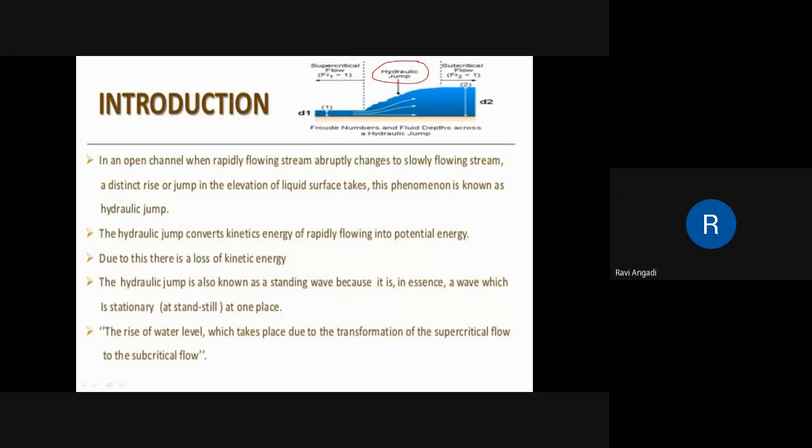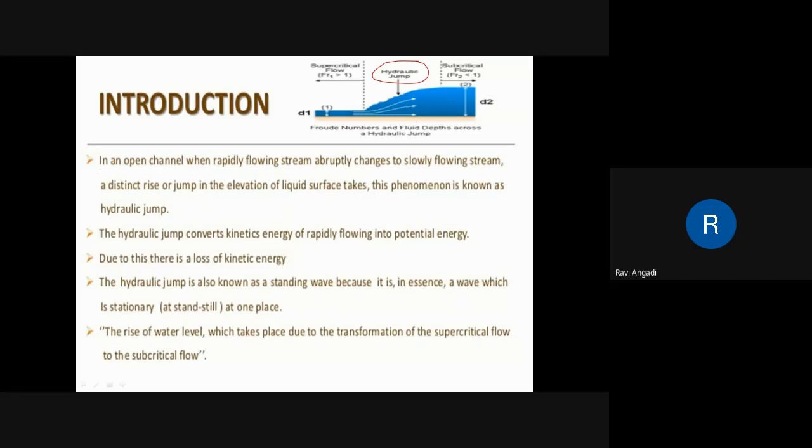It is between a supercritical flow and a subcritical flow. When the Froude number is more than 1, it is supercritical flow. When the Froude number is less than 1, it is a subcritical flow. Between these two regions, whatever flow takes place is called a hydraulic jump.